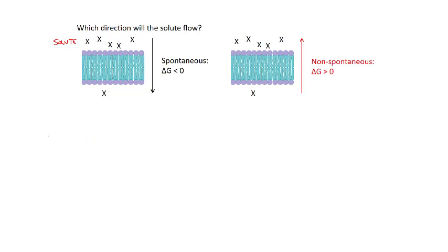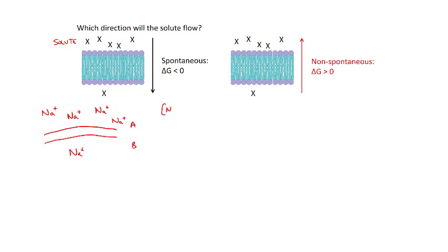All right, so that works great if you have uncharged neutral compounds, but let's get into a sticky situation here. Let's say that you've got some sodium ions. Let's keep the same nomenclature. Let's say that this is side A and this is side B. And you've got sodium ions on side B as well.